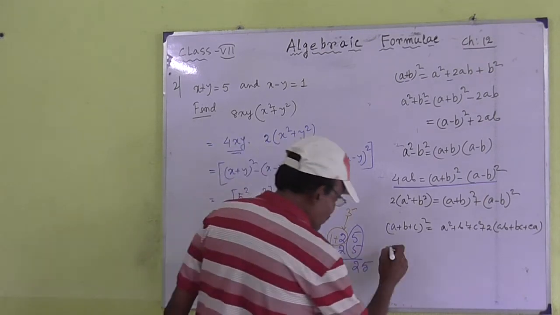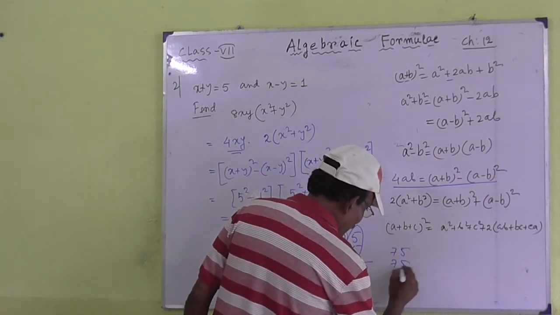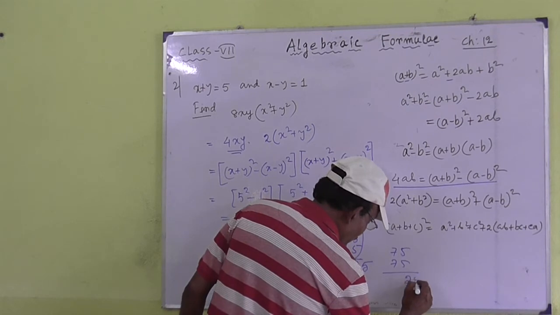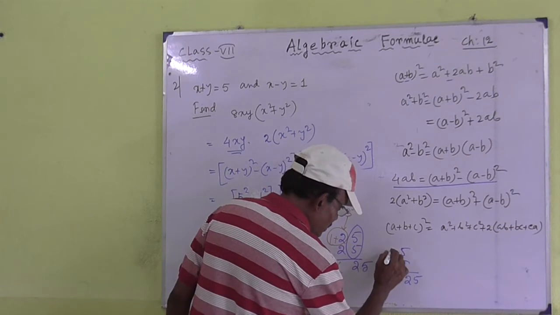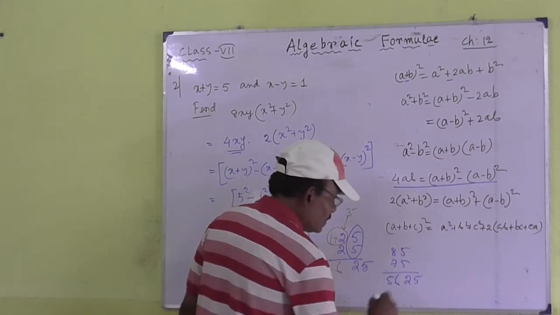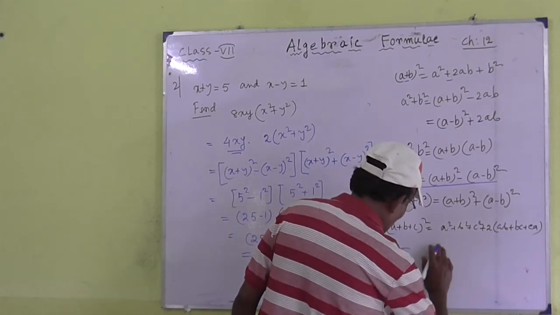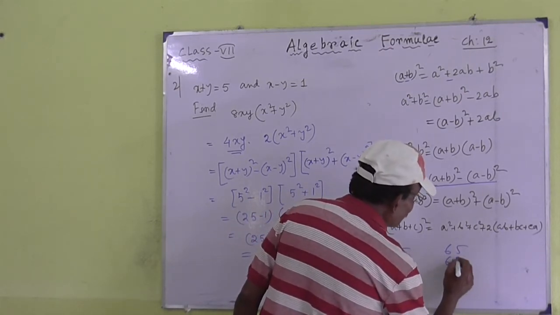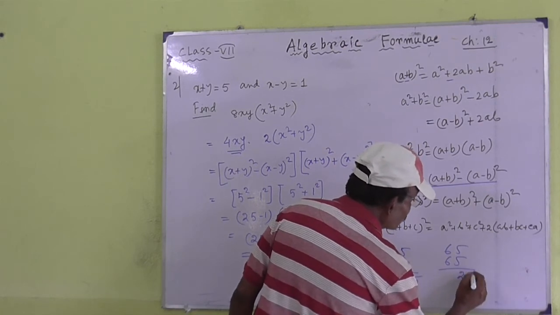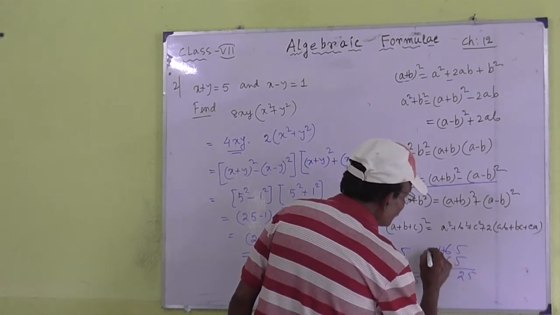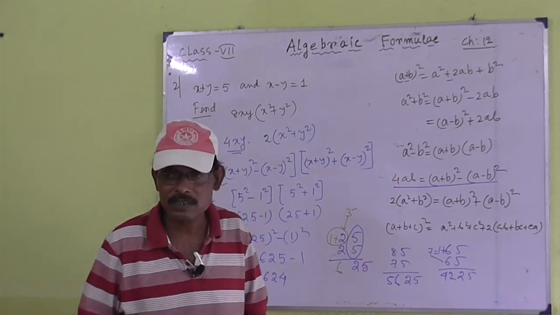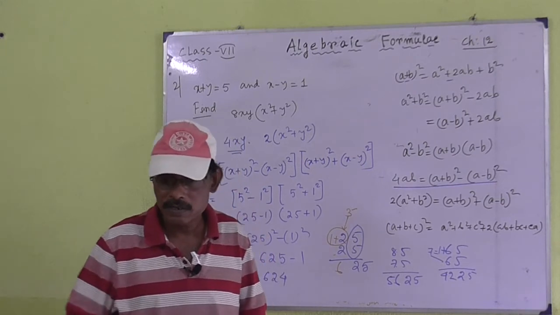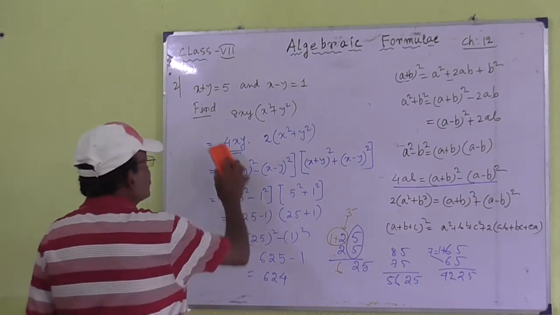Then another example, let us take 75 into 75: 5 5s are 25, 7 taken as 8, 7 into 8, 56. 65 into 65: 5 5s are 25, taken 7, 7 into 6, 42. That is the shortest procedure to solve the sum.